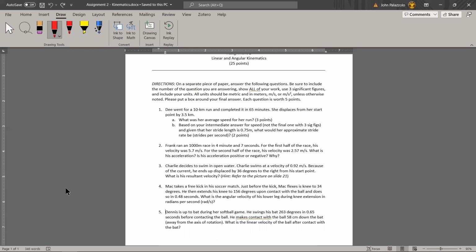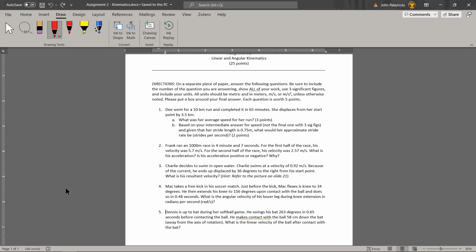So I'm asking you for her average speed. Now realize too that I gave you the run in kilometers, and I gave you her time in minutes, so you probably should do some conversion for these. Once again, I'd suggest solving and then converting. It won't matter too much for this type of question, but it's a good habit to get into.